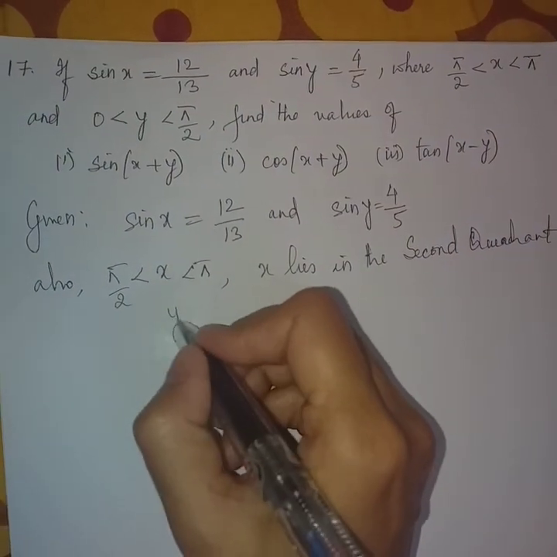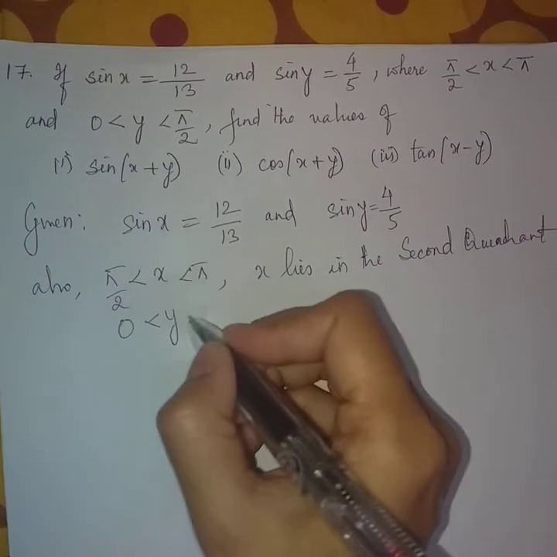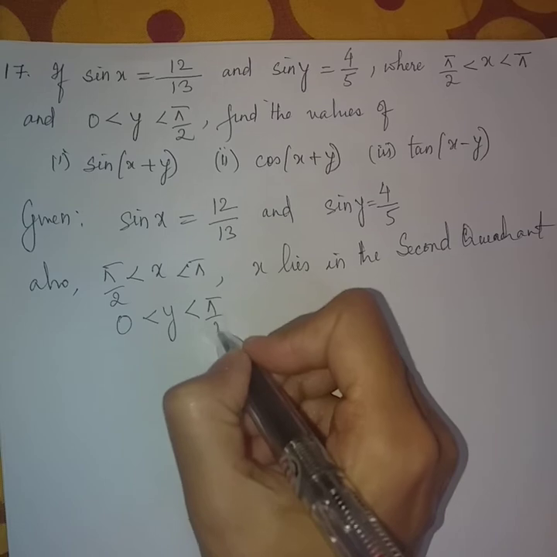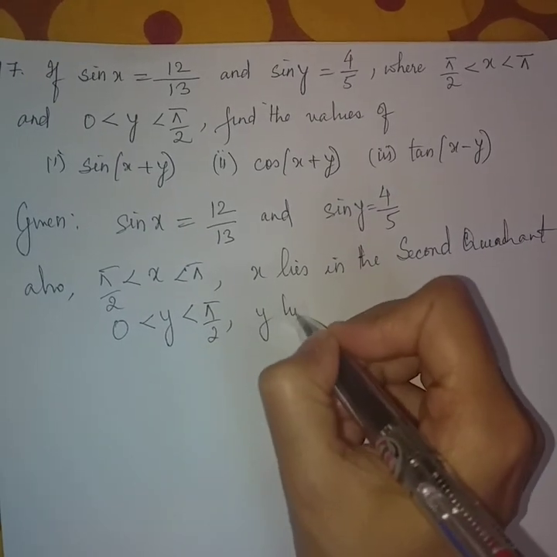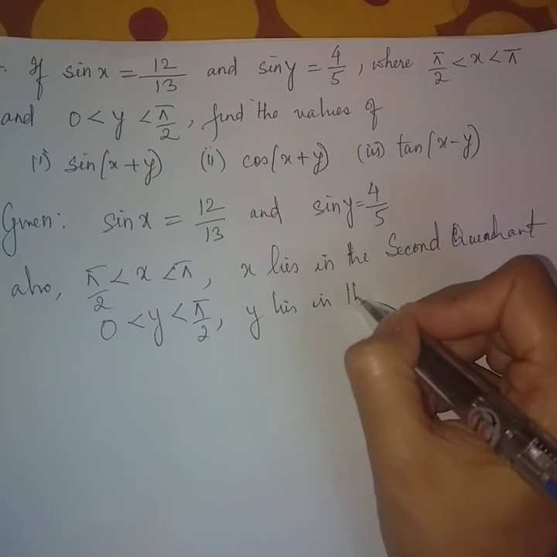And also y is greater than 0 and less than pi by 2. It means y lies in the first quadrant.